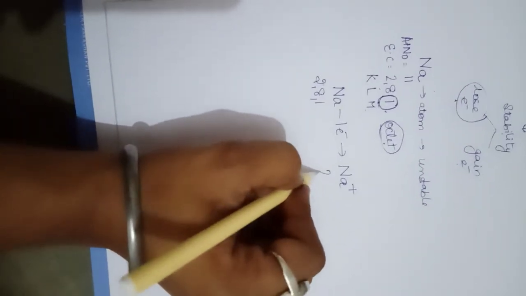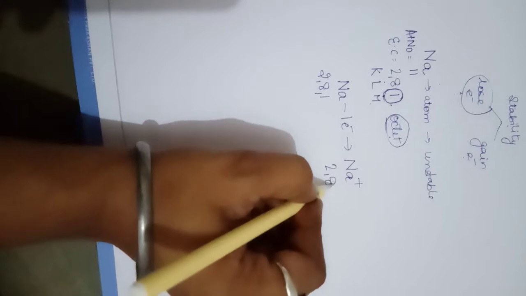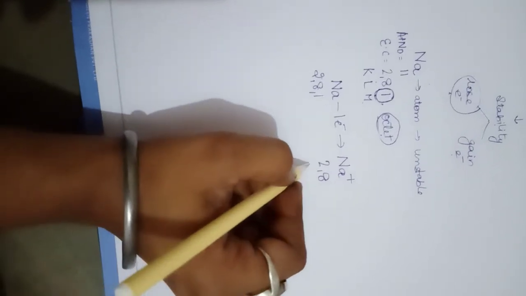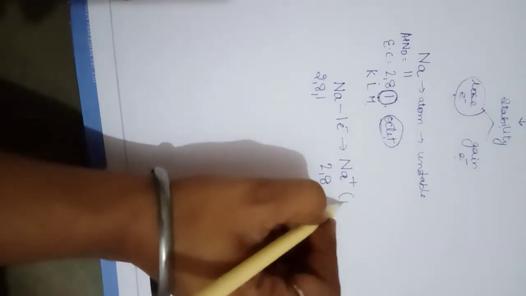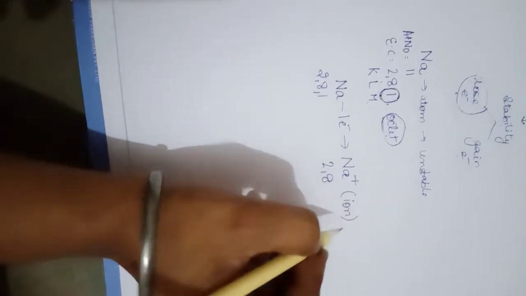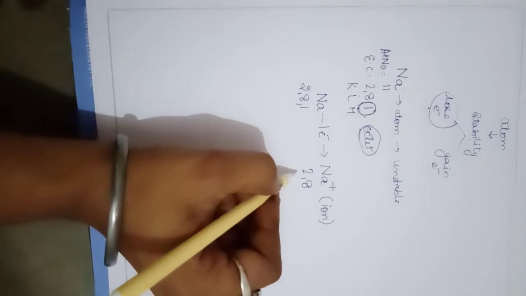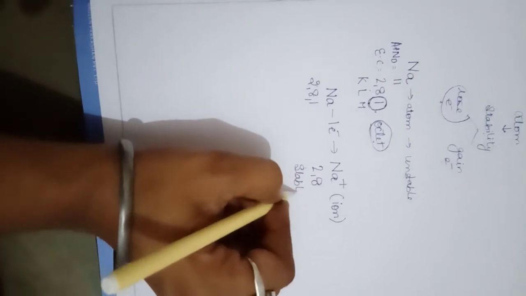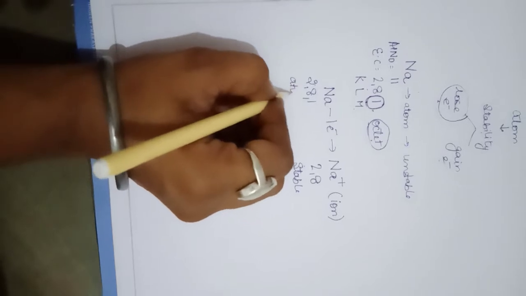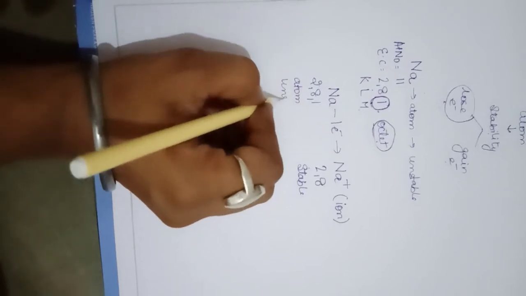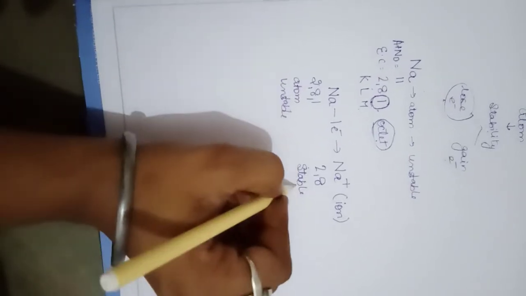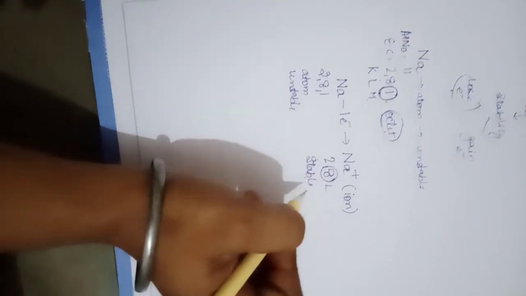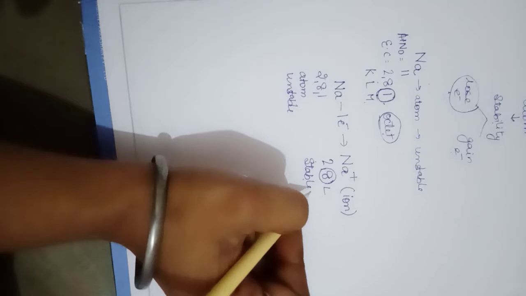The current electronic configuration after losing this 1 electron is 2, 8. This sodium ion has an electronic configuration of 2, 8. Now this is the stable state, and the atom was unstable. Why is this stable? Because its outermost shell is your L shell, which has 8 electrons.